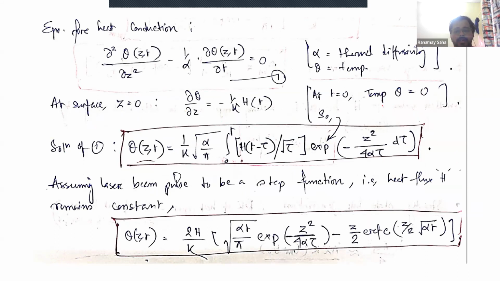Then you use the initial and boundary conditions to arrive at the expression for theta as a function of space and time: 1 by k, thermal conductivity, times square root of alpha upon pi, and then the integration of H, your heat intensity, multiplied by (t minus tau) divided by tau, exponential of minus z square by 4 alpha tau, d tau.